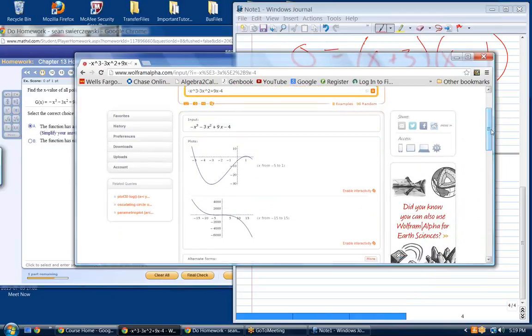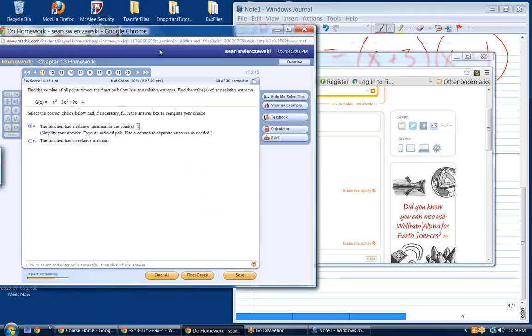Okay, so there's our function. You'll notice that at -3, the slope is 0, and that at 1, the slope is 0. So -3 represents a relative minimum. What did we do wrong with that answer?